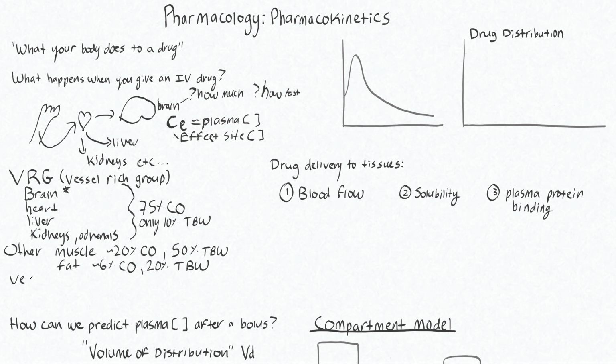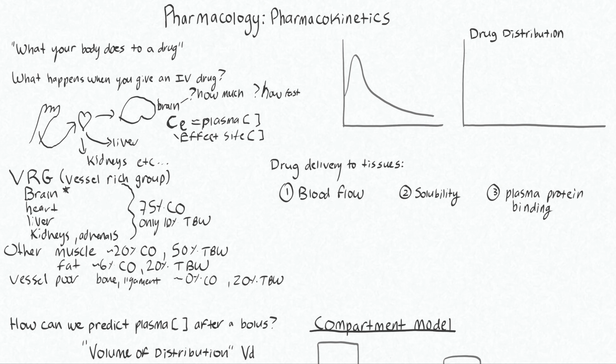Then you have your vessel poor, which are things like bone, ligament, and relative to all these other things, it's basically 0% of your cardiac output, but 20% of your total body weight. These do get some blood flow, but it's almost inconsequential compared to the amount of blood that goes to these other organs.